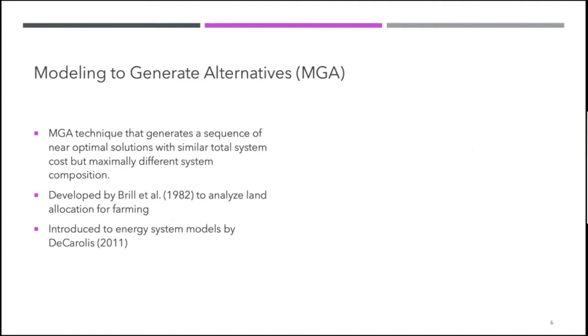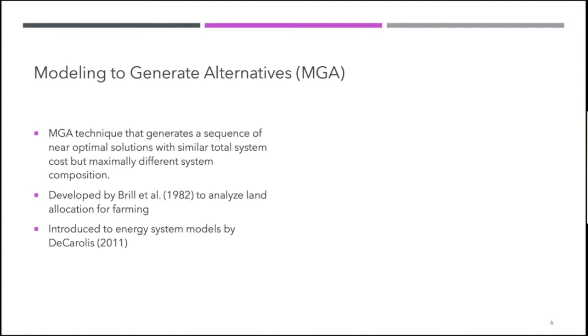So the objective of this algorithm is to find solutions that have similar objective or similar total system cost, but have maximally different system composition, right? To achieve these objectives, people have come up with many different ways to formulate a problem.